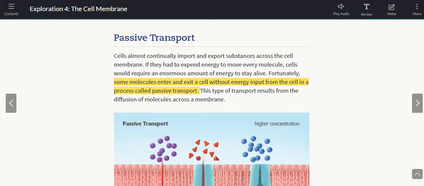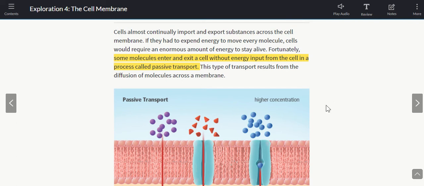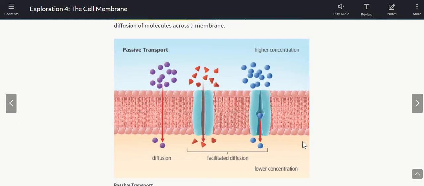Here's what that means. When we talk about passive transport, we say that molecules are moving with a concentration gradient. In other words, they are moving from a direction where there's a lot of them, like you see here, and passing across the cell membrane to space where there's less of them. They are moving from high concentration to low concentration.